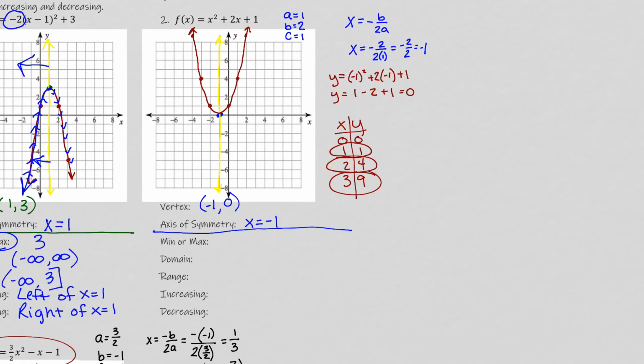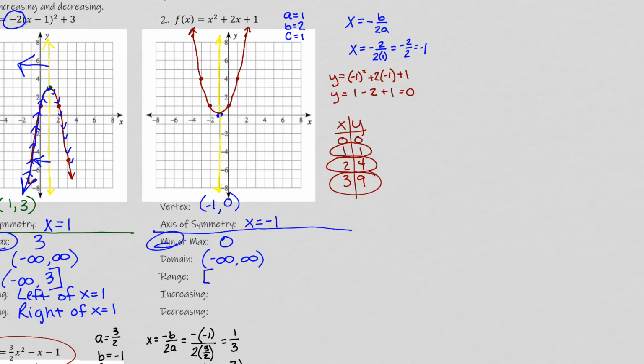All right, so number 2. We have it drawn. Now it has a bottom to it right here. So I know that it has a minimum, and it's the y value, so it's 0. If you look at your vertex, the axis of symmetry is the x value, the max or min is the y value. Your domain goes forever left and forever right, so negative infinity to infinity, or all real numbers. Its range is the y values. How low does it go?